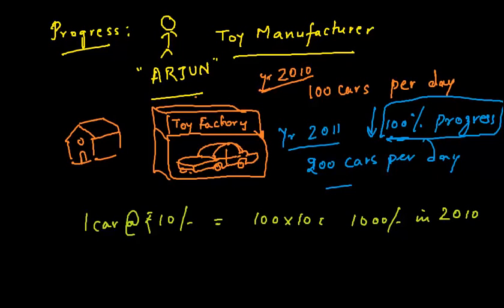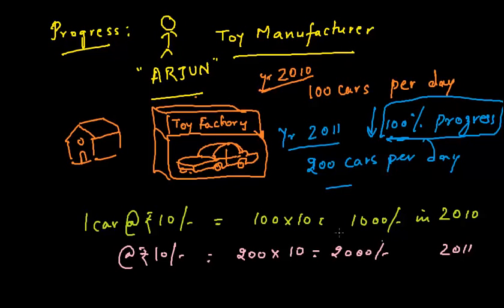And now, at the same price of 10 rupees, in 2011 he's earning 200 into 10 equals 2000. So this could also be a way of checking the progress.